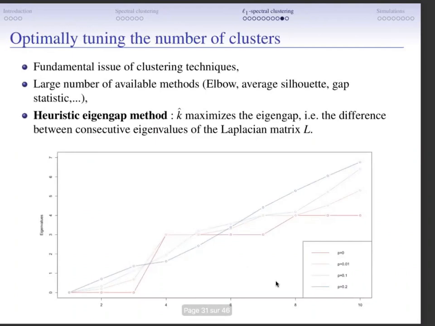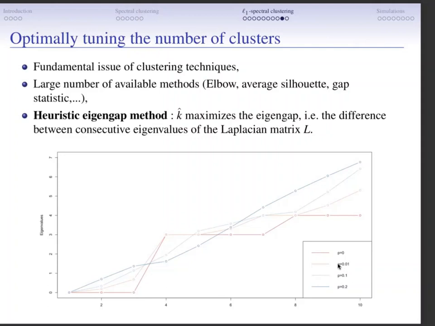Okay. So I already talked about how to define the number of clusters. As I said, when your graph is not perturbed, you just look at the multiplicity of the eigenvalue, and you can do the same when the graph is perturbed. Here I represented the eigenvalues for different perturbations of the same graph. In red, when the graph is not perturbed, the eigenvalue 0 is of multiplicity 3, which is the number of connected components in the graph.